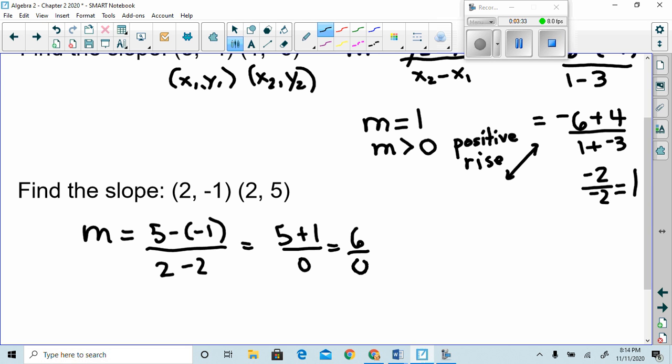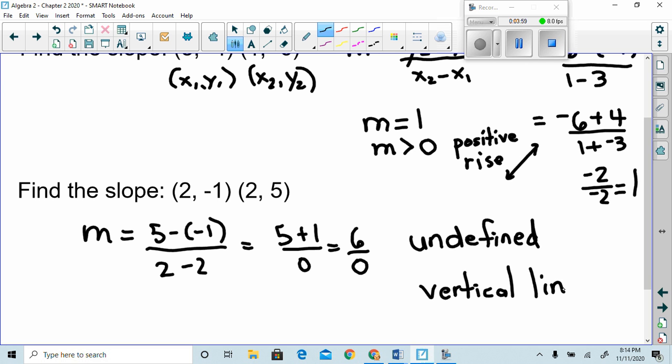Now, if you recall from the video lesson, and in general, we can never divide by 0, so anytime 0 is my change in my run, we're going to have a slope that's undefined. Because we know the slope is undefined, we know it's going to be a vertical line. So again, without even drawing it, we know something about what this line represents.